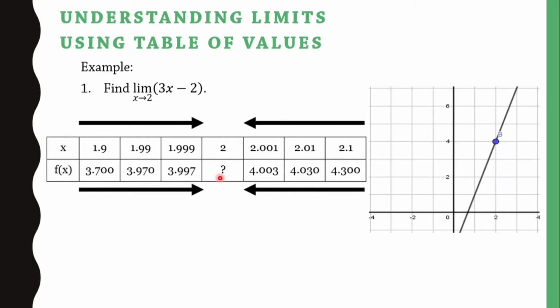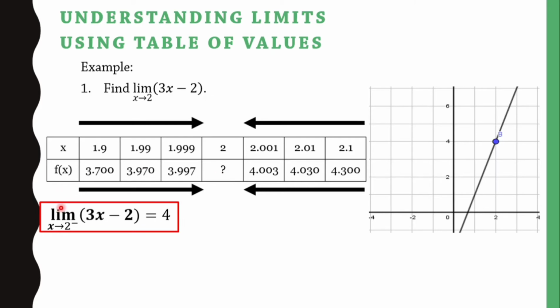From the left, the limit of 3x minus 2 as x approaches 2 from the left is the number 4. As you can see, as the values of x become closer and closer to 2 from the left side, the value of f of x or y gets closer and closer to 4.